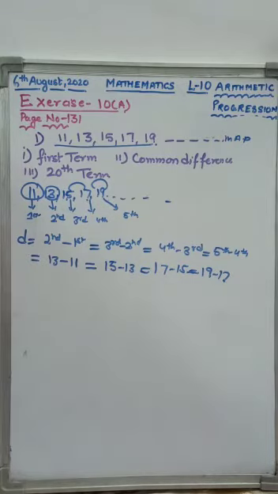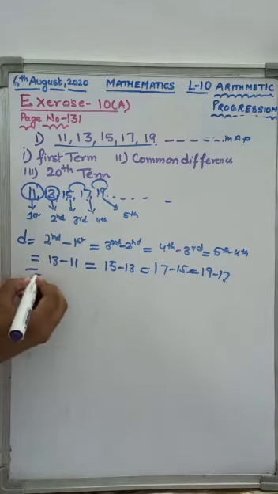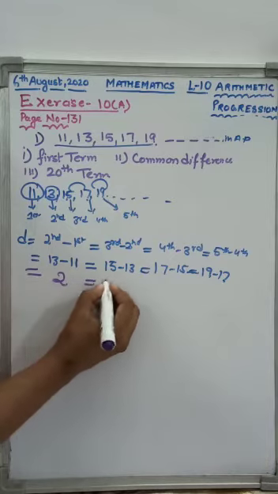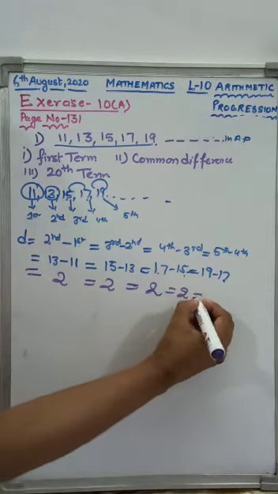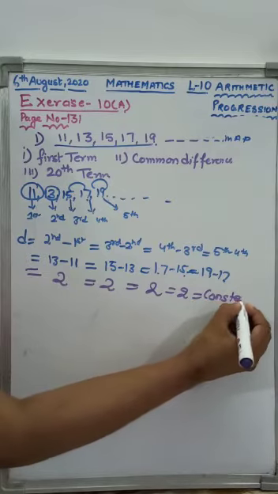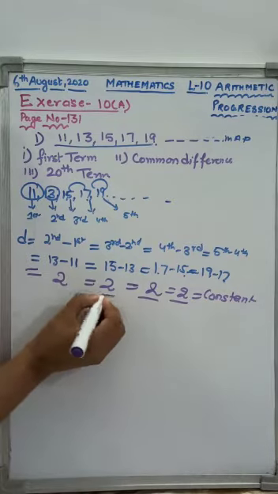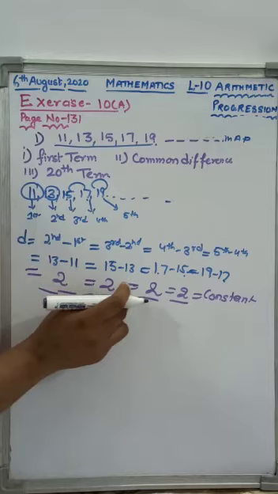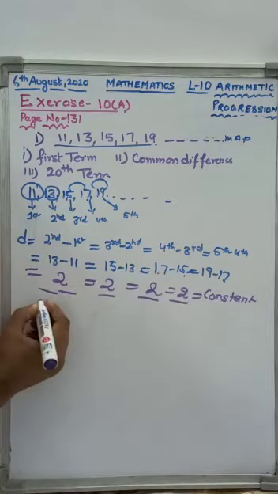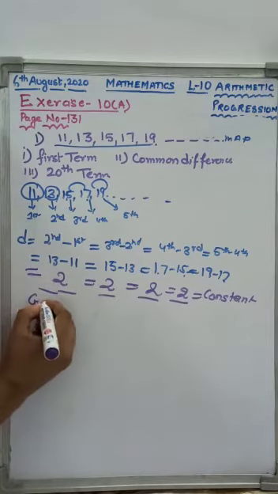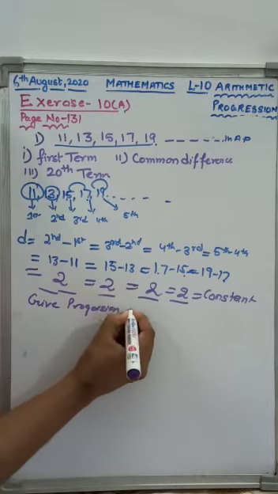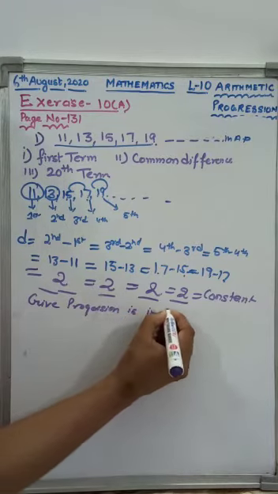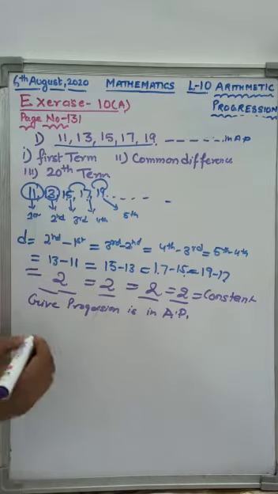When you solve it, it will be 2, 2, again 2, 2. So this is constant. It has to come constant. Constant means same. The common difference is constant. So, the given progression is in AP. First part we have proved.